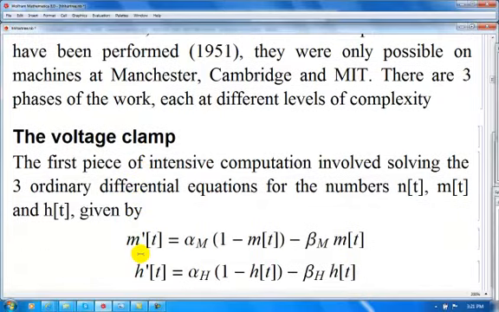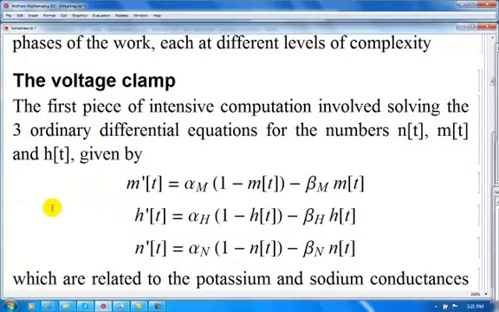So the first phase is what's called the voltage clamp. The voltage clamp involves a circuit board prepared by Cole and Marmot, I believe. Hodgkin and Huxley built a model for the absorption of potassium and sodium ions along these lines.